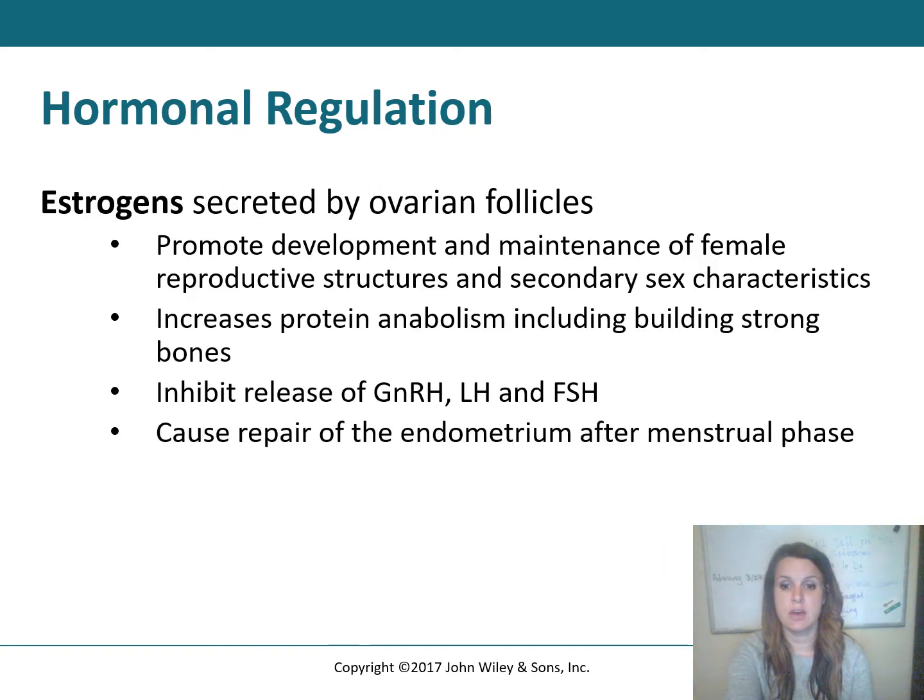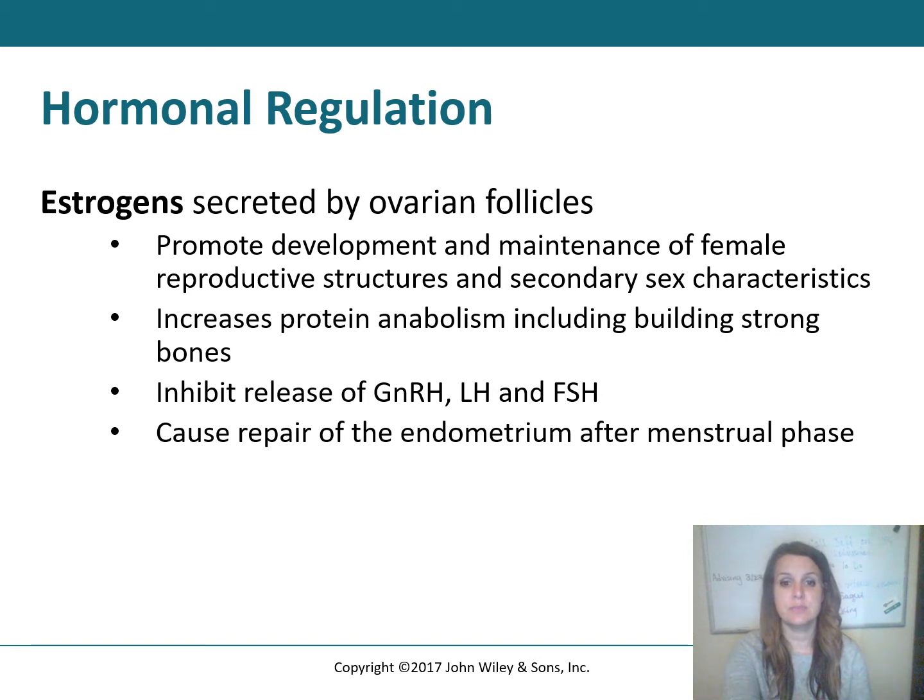Estrogens are secreted by ovarian follicles, and they promote development and maintenance of female reproductive structures and secondary sex characteristics. So what do I mean by secondary sex characteristics? Those are things like breast development, hip curvature, that sort of thing.